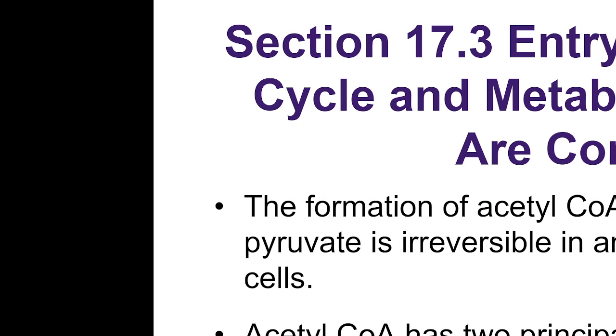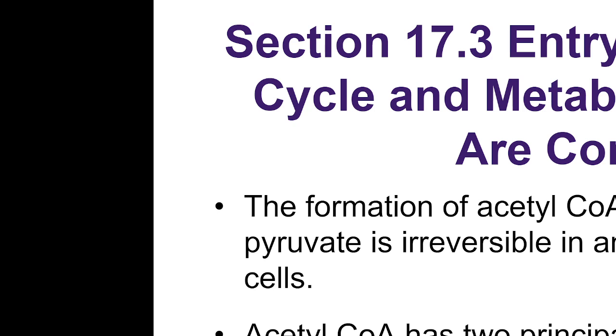All right, so the entry to the citric acid cycle in your metabolism is going to be thoroughly controlled, because once you commit to the citric acid cycle, it can be very hard to go backwards, specifically because you have times where you're going to lose CO2, even before you commit to the citric acid cycle.